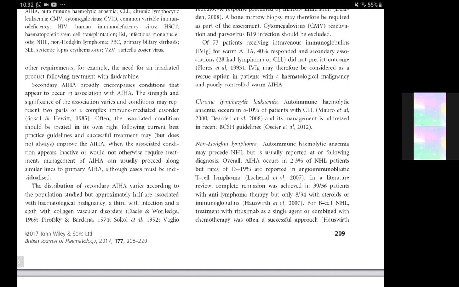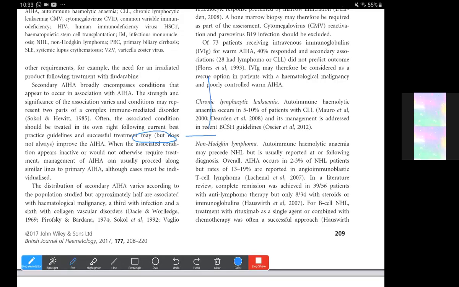Although autoimmune hemolytic anemia has been associated with certain non-hematological malignancies as well, mostly ovarian cysts and ovarian carcinomas, and also some GI tumors. But mostly these guidelines mention that approximately half are associated with hematological malignancies, one third with infection, and one sixth with collagen vascular disorders.